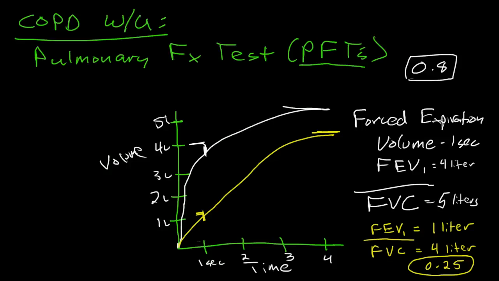And this is the test. If you can demonstrate obstruction on these PFTs, and you have a person that has progressive dyspnea, chronic cough, and a smoking history, then you have diagnosed COPD, because you have shown that the person has obstruction.